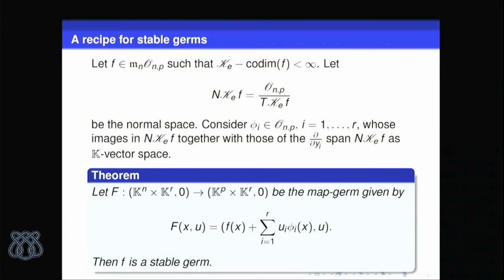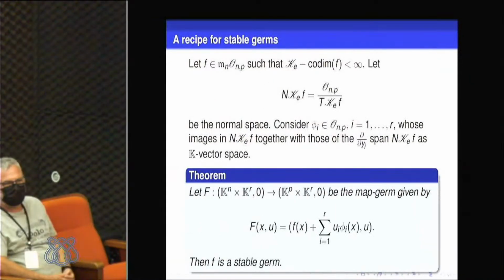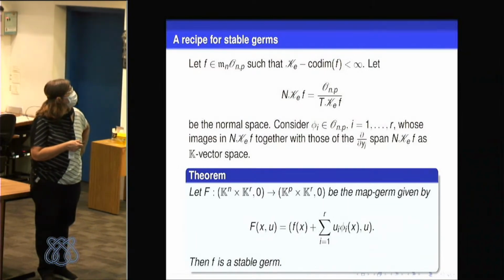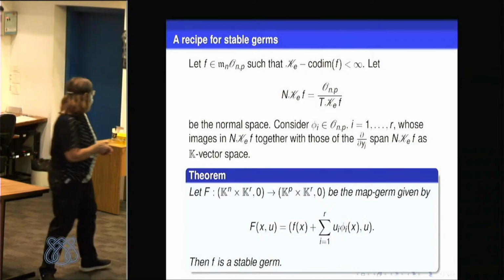So you take the basis as a vector space of this quotient, you drop off the constant, and what remains you put in here. And then this F, big F here, is a stable germ.